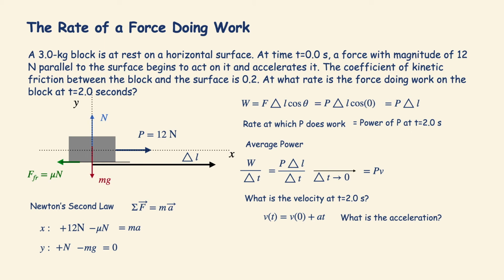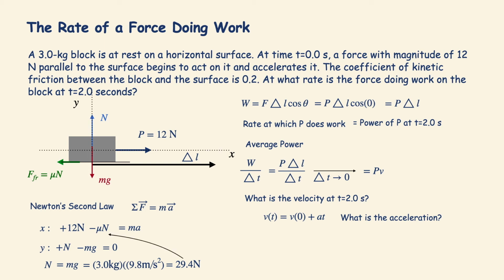So the second equation, the y equation, gives me directly that the normal force has to be equal to the magnitude of the gravitational force mg. If I put the numbers there for the mass and the gravitational acceleration, I find out that the normal force is 29.4 newtons. So from here on, you can actually see how the problem is going to unravel and we can find the answer.